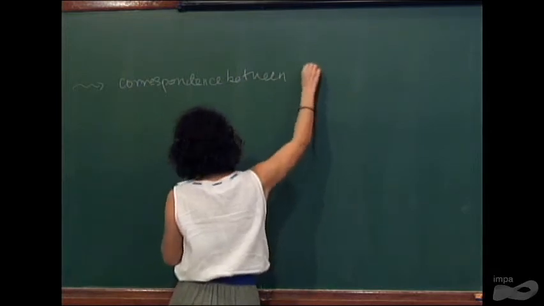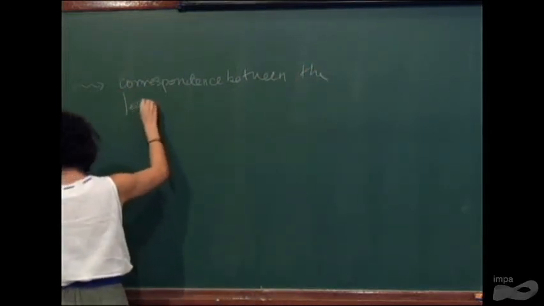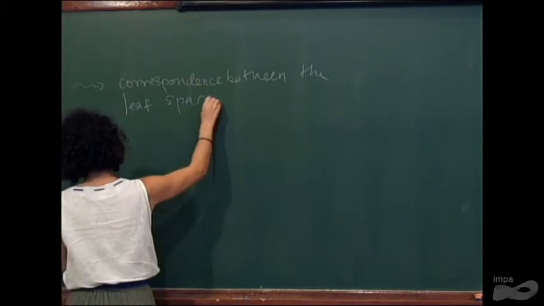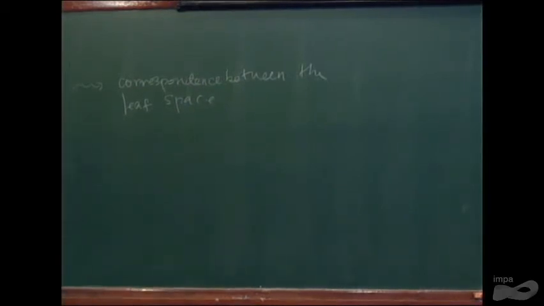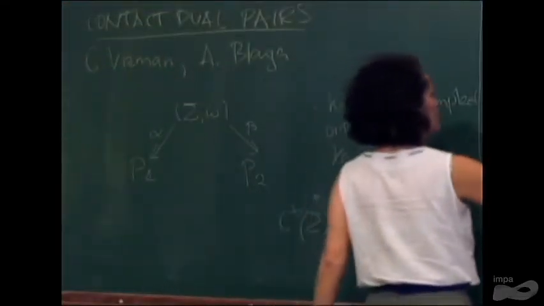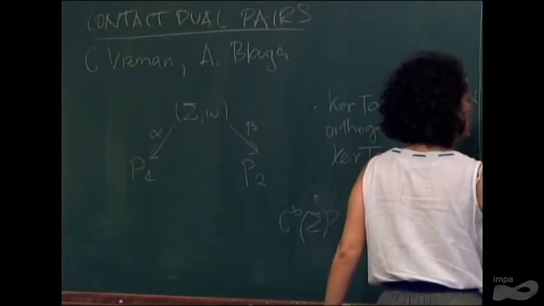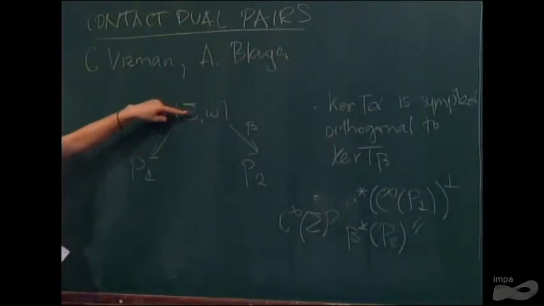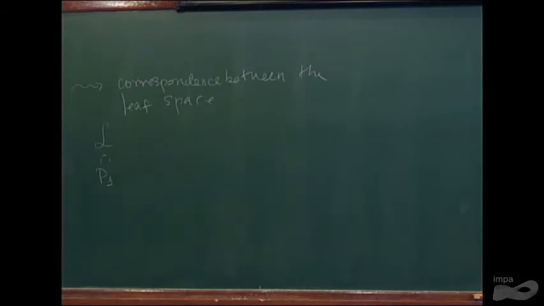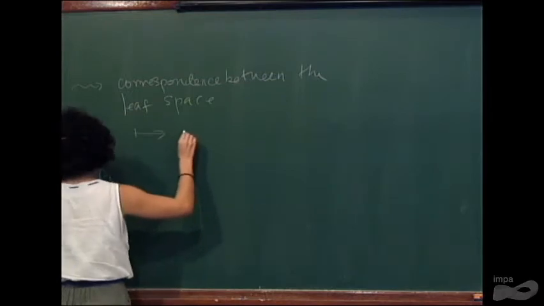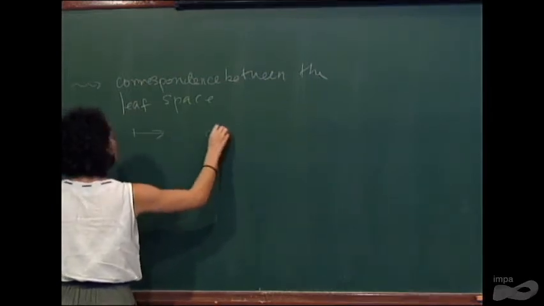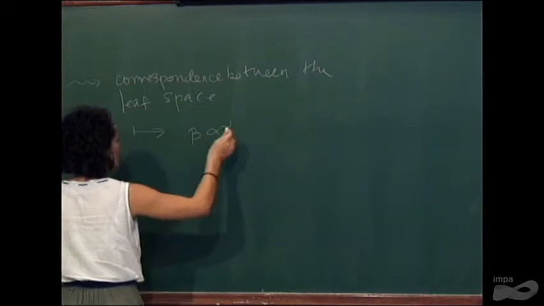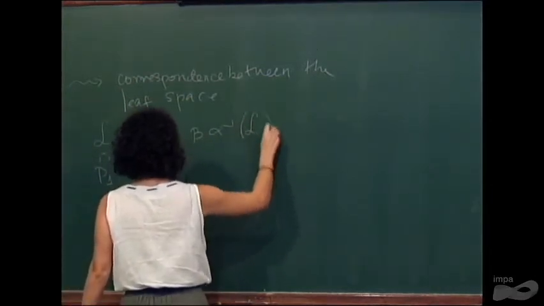If you take a symplectic leaf in this space, you can take the inverse image of this leaf, and then push it with beta, and you get another symplectic leaf. This is a correspondence under some assumptions.